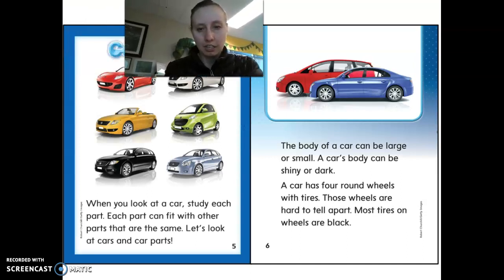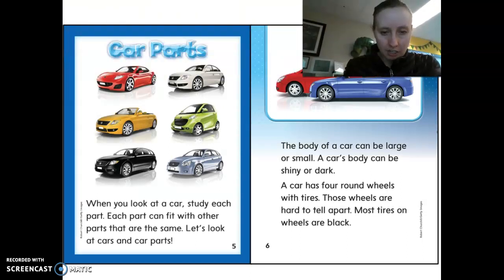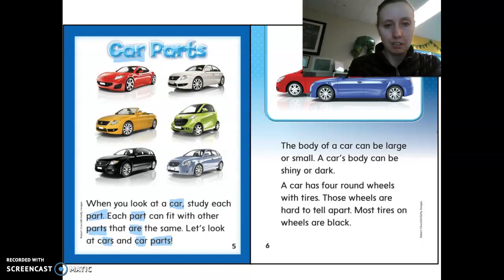Okay, so here's our story. Let's look for some of those R words. I see car, part, parts, cars. Okay, so I'm going to let you go first. Ready, begin.